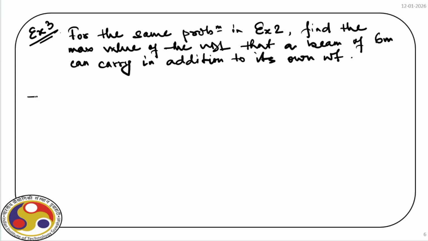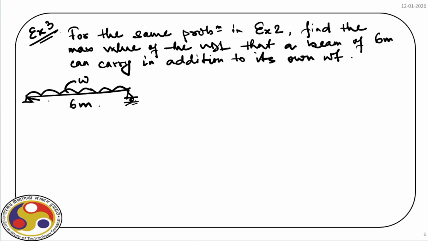So we have a beam, simply supported beam, and it is supposed to carry a UDL, and we have to find out the intensity of the UDL if this distance is 6 meter.